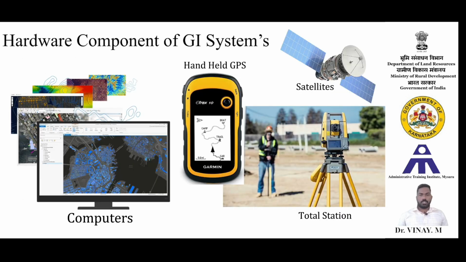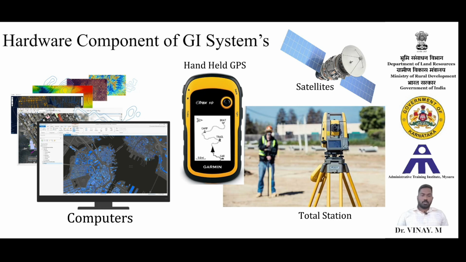The hardware component of a GIS system is nothing but the instruments that we use for collecting the data, storing the data, manipulating the data, processing the data and also visualizing the data.